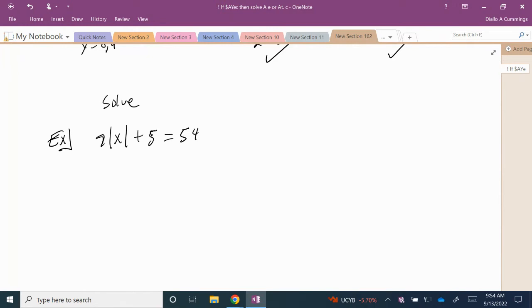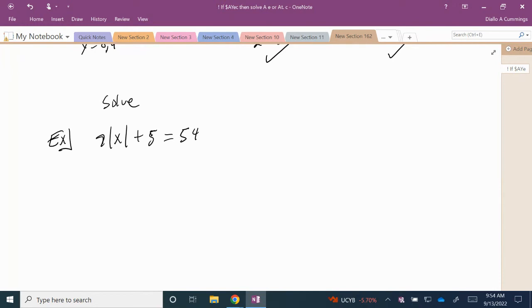Now, as I mentioned earlier, before you even apply our absolute value equal to formula to solve this, we must first isolate for our absolute value, right? So we have to isolate it.